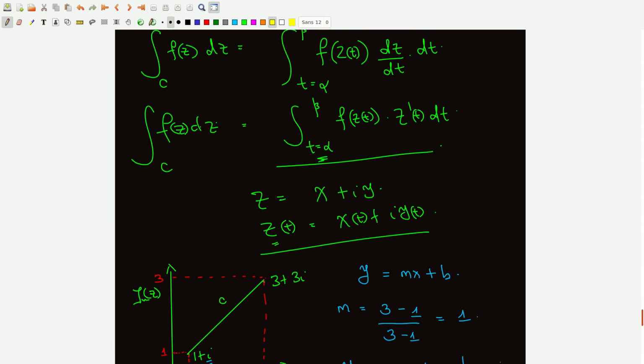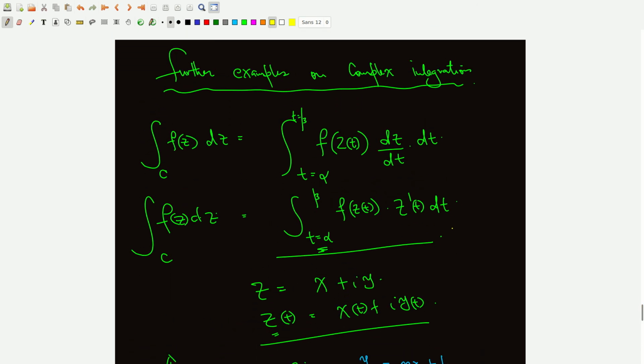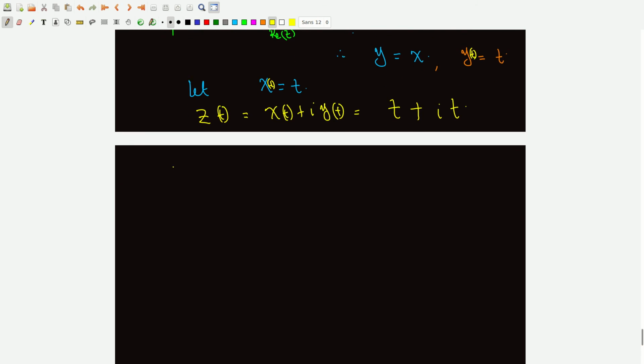Let's see what we compute here. We compute z dash of t, and then we shall just substitute in here with dt. So z dash of t is simply going to be, when we differentiate with respect to t, 1, and then with respect to t we have i.